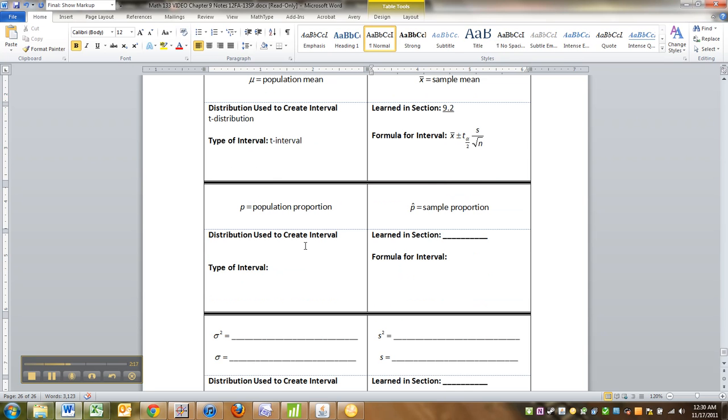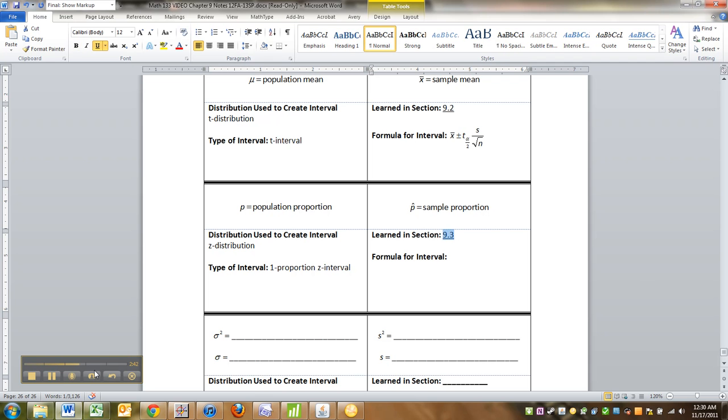What distribution do you get to use for this? This is the z distribution, which makes it a one proportion z interval. We learned that first, in section 9.3.